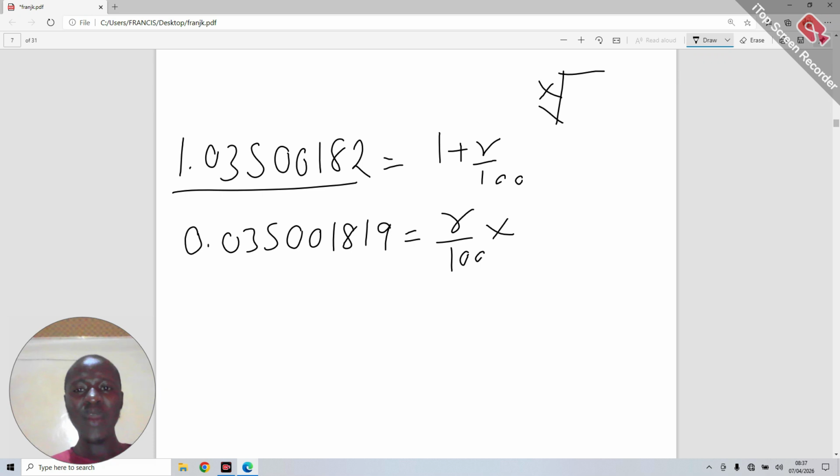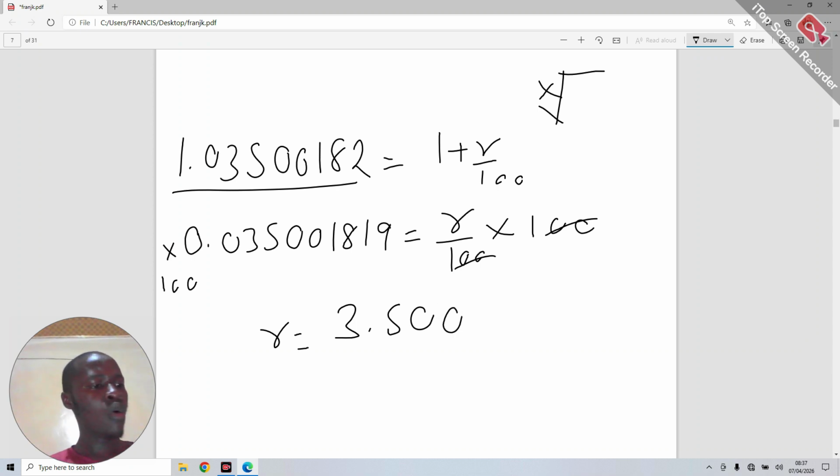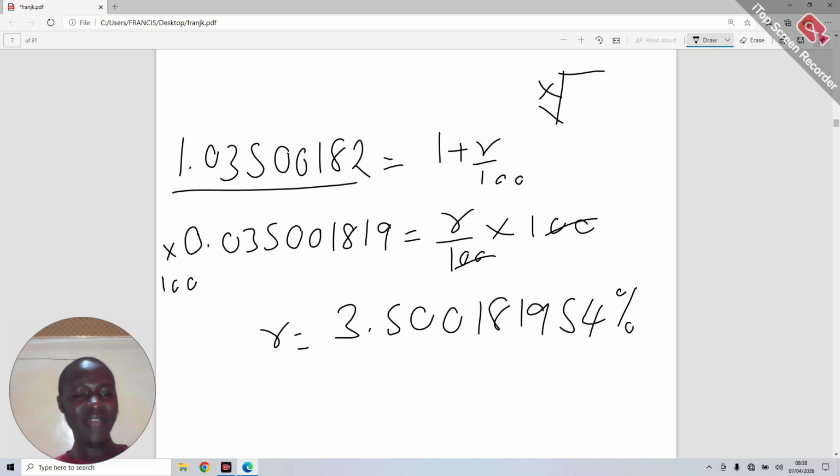Multiply both sides by 100, guys. So what is our rate? If I multiply that by 100, I shall get 3.50018194. Remember, they want rate, and rate is always expressed in percentage, but they wanted rate monthly, so we better indicate per month. That is 3.50018194% per month. That is our answer.